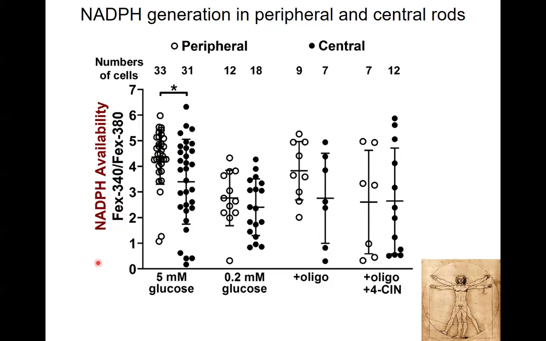So what we saw, with a lot of cells, is a significant difference between peripheral and central rods. There is less NADPH generating capacity in central rods compared to peripheral.